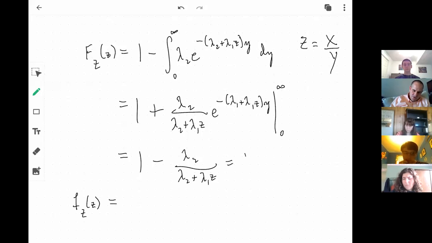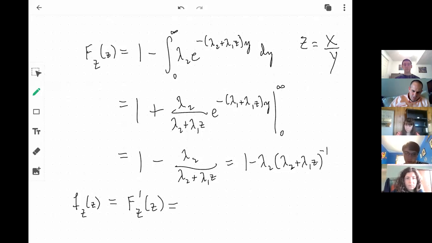By the way, I could rewrite this as 1 minus lambda 2 times lambda 2 plus lambda 1 z to the negative 1 power, yes? Okay, so if I want to take the derivative of this thing, what am I going to get? The negative 1 comes down, and that power is going to become negative 2, and I'm going to multiply by the derivative of what's inside.